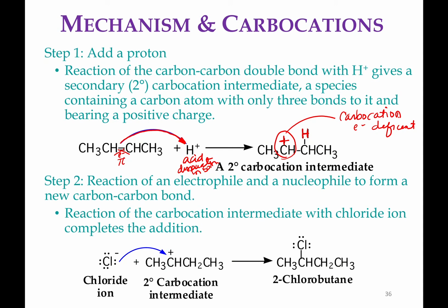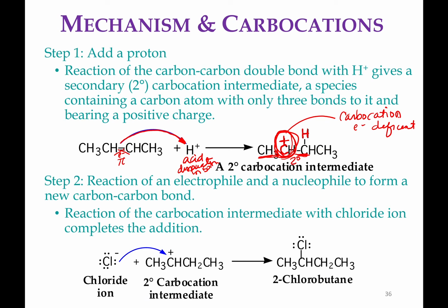But if it can, it gets by with a little help from its friends, so it can kind of spread this positive out a little bit, and it handles it better if it has more neighbors. So the more carbon neighbors the carbocation has, the easier it is to handle that positive sign. So this carbon has 2 carbon neighbors, so it's a secondary carbocation.